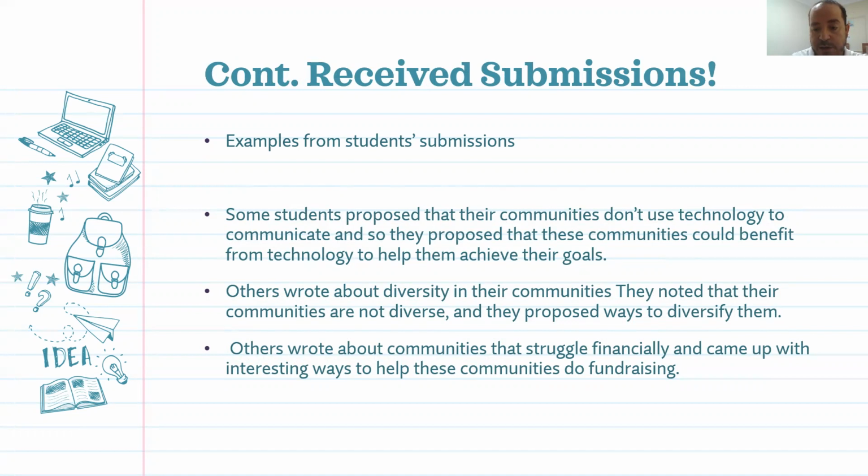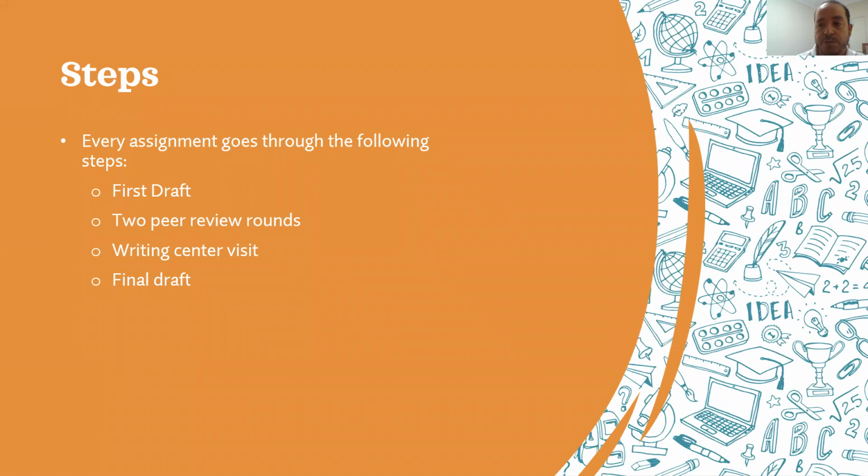Some students wrote about the struggles that their communities go through, such as financial struggles. They came up with interesting ways and ideas to help those communities do fundraising. It was interesting. It was a moment for me to learn more about students' communities, needs, and struggles, and it was also a great moment for students to know about each other, because this assignment or project went through more than one step.